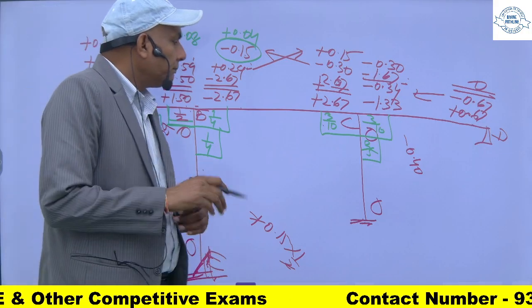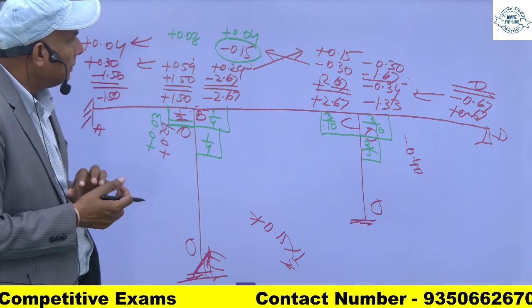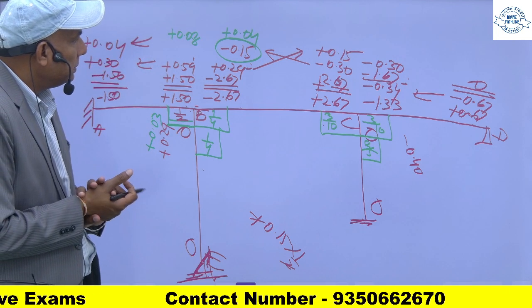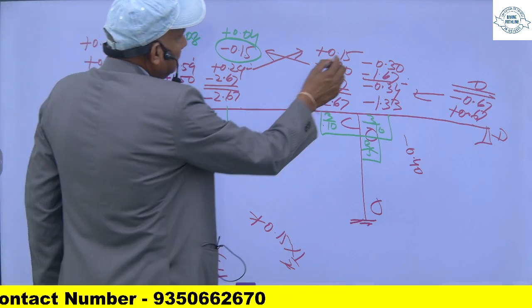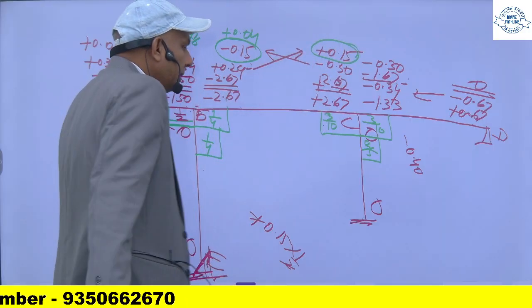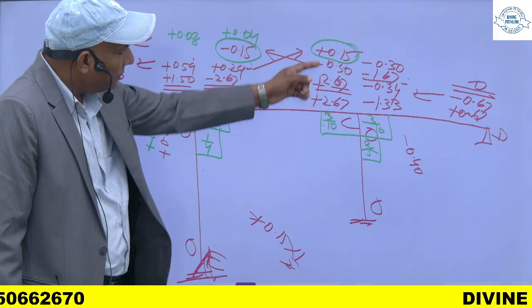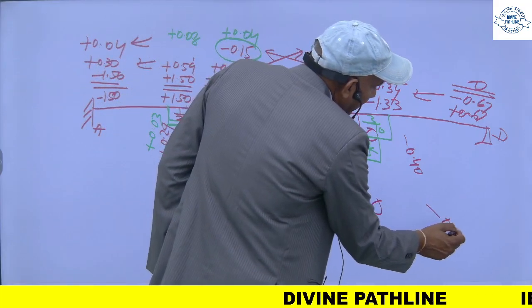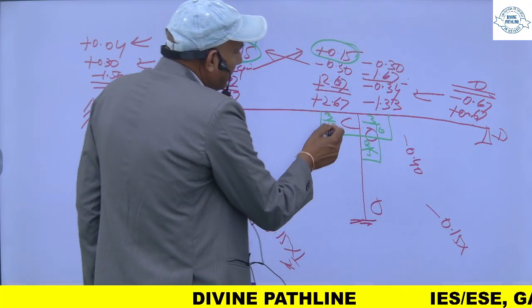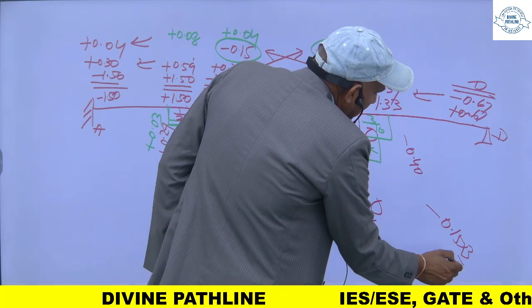And now this one 0.15 is extra here. So I will apply a correcting moment of 0.15, and that will be distributed like this.